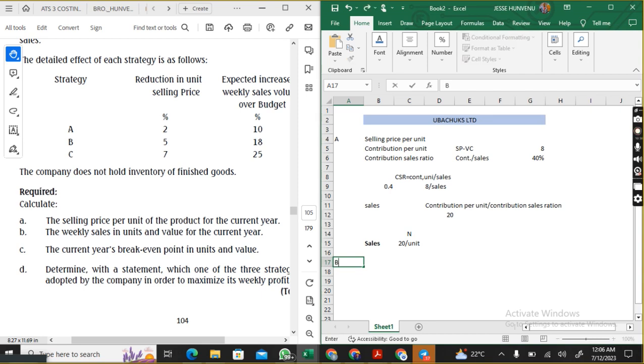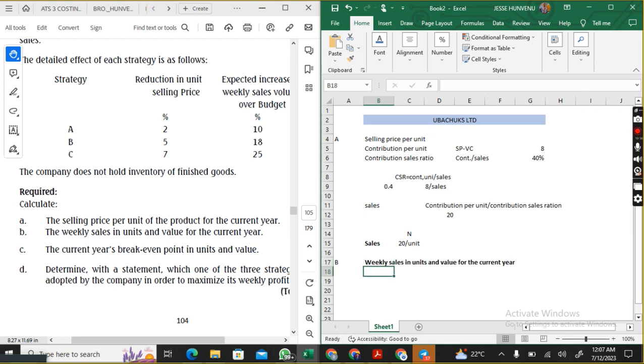Now, number B. They said the weekly sales in units and value for the current year.